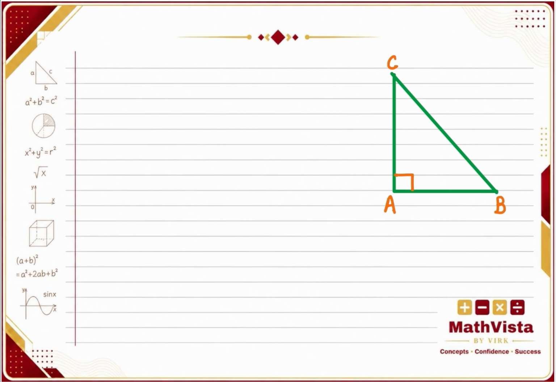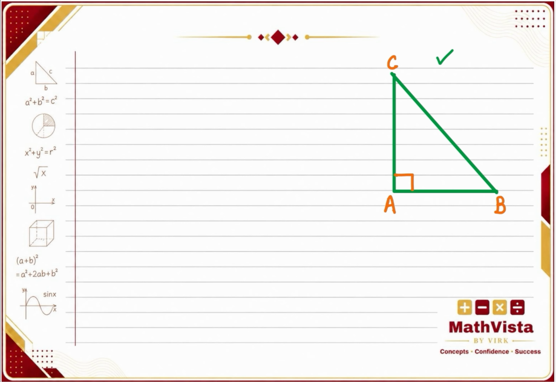You can see a right angle triangle here on the screen, which is named as triangle ABC. You may have a question in your mind: why do we always use a right angle triangle only in trigonometry? Why not any other triangle? The reason is simple.